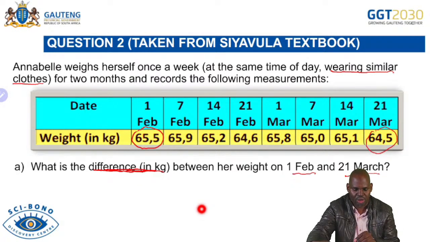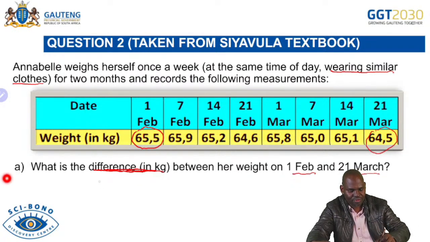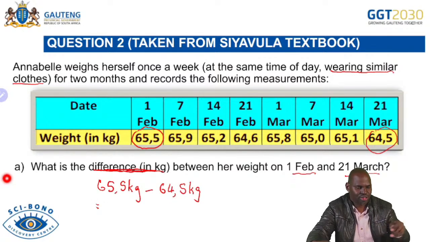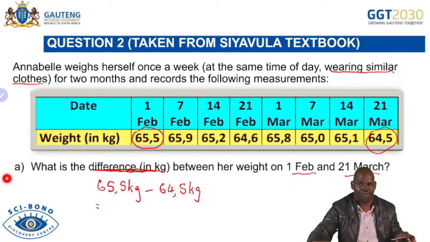Now when we calculate the difference, we get 65.5 kilograms minus 64.5 kilograms. So the difference is, very important, if you take a calculator, say 65.5 minus 64.5, then you get 1 kilogram.